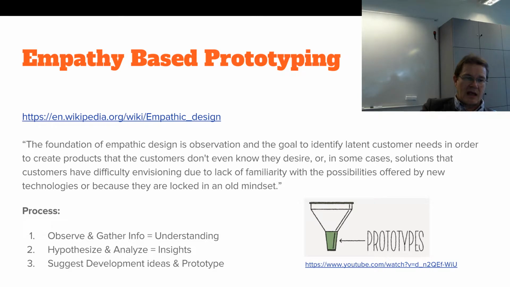Okay, and based on that information, you start setting development ideas and doing the fast prototypes more. And this is actually an ongoing or emerging method, especially when you are doing co-design with customers.